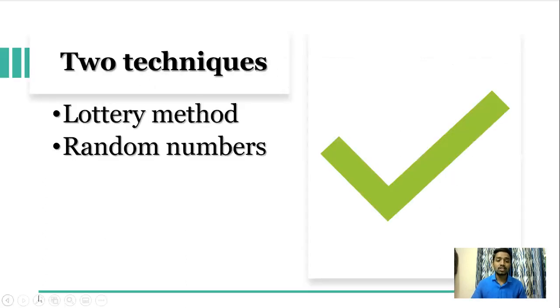Two techniques. So what are the two techniques of selecting the sample? The first one is the lottery method, and the second one is random numbers. So what is this lottery method?